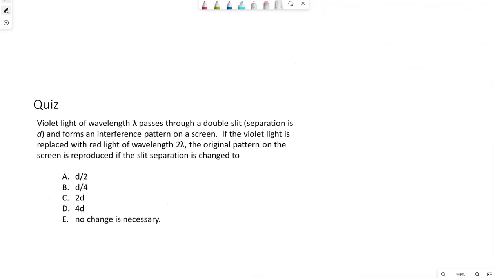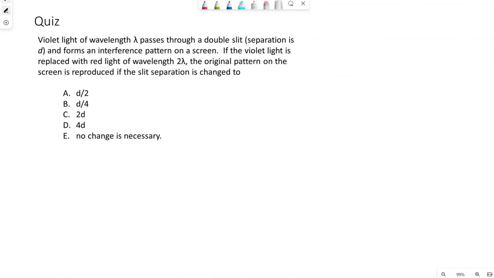Okay, one last question. So the correct answer here is C. So if we think about the violet, there's going to be a certain value of y1, meaning the first bright spot.